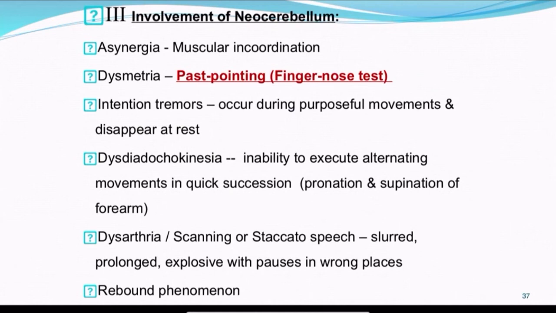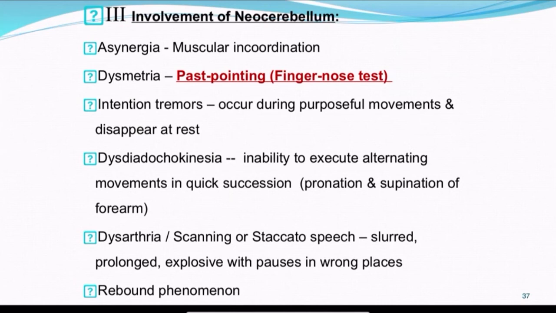Dysdiadochokinesia, inability to execute alternating movements in quick succession. Pronation, supination of forearm. Now when we sit in a musical concert or in a dance concert, we all take our palm and keep it on our thigh and keep the thalam. So we'll be doing supination, pronation along with the music that we are listening to, in sync with the music.